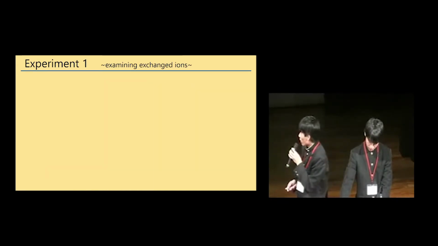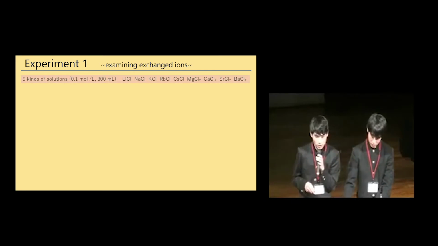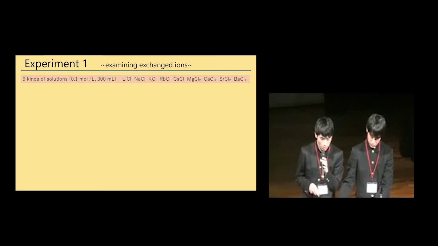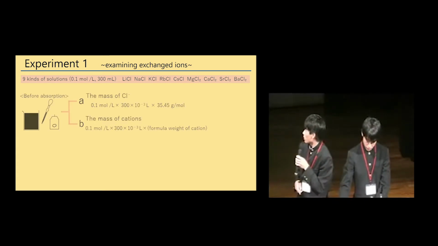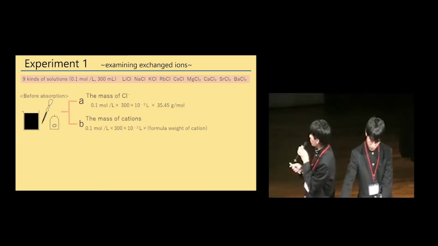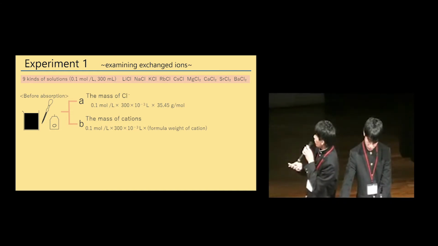In experiment 1, we examined whether ions are exchanged, and if so, how many ions and what ions are exchanged. For this experiment, we used 9 kinds of solution. For each solution, we calculated the amount of cations and chloride ions before absorption.